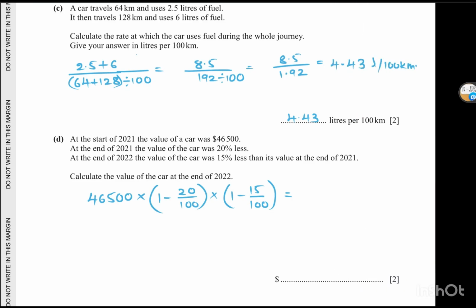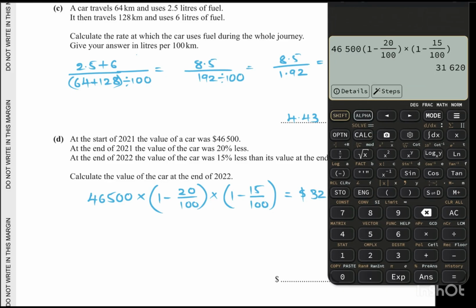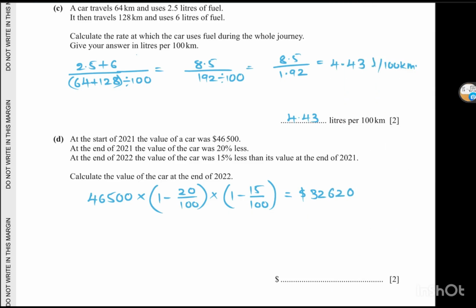This is the answer. So this will be the amount, 32,000. This is the amount of car at the end of 2022. 31,000, my bad, I'm sorry. 31,620. So this is the answer. Question number D is done.